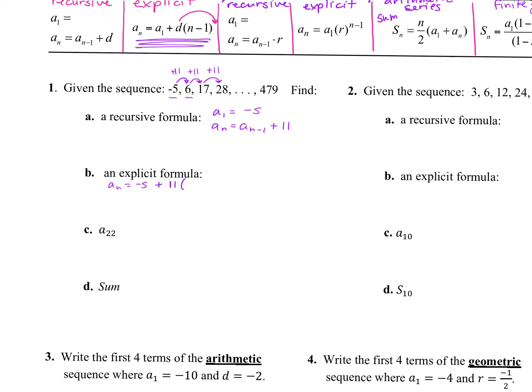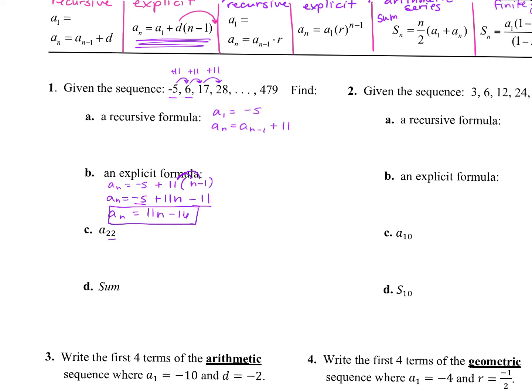So your d is 11, your n minus 1 is here, so we're going to distribute that. Negative 5 plus 11n minus 11. And simplify that one step further then. So you get 11n, negative 5 minus 11 is a negative 16. So the explicit formula is this.